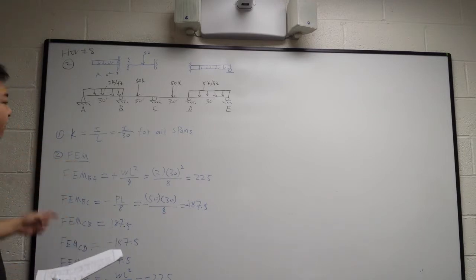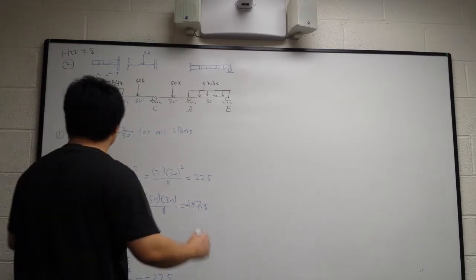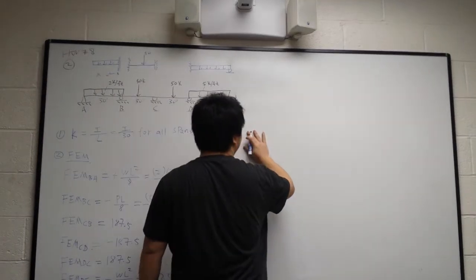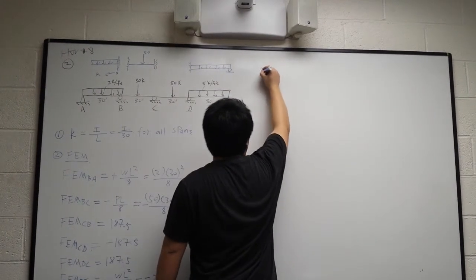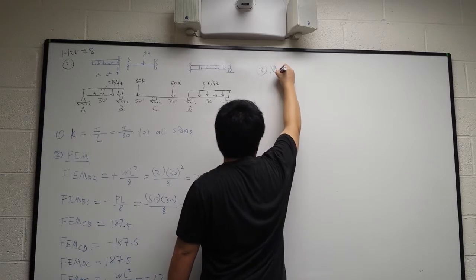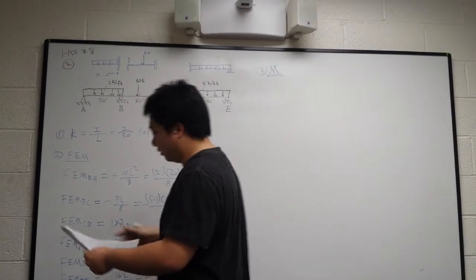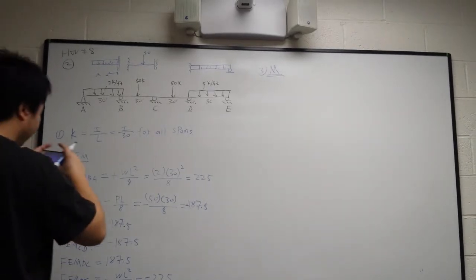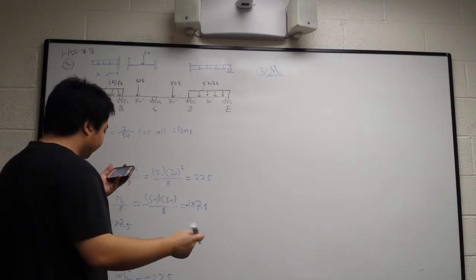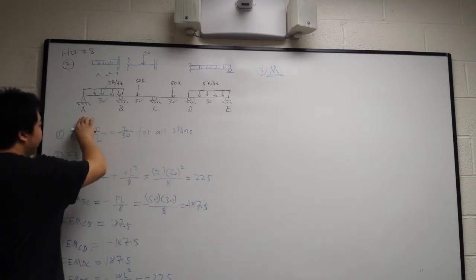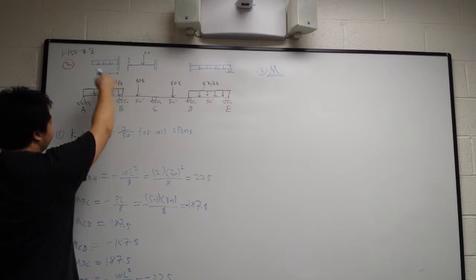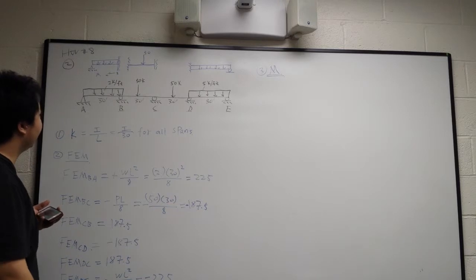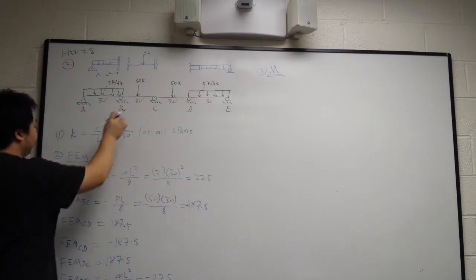The next one, you have to find the moment formulas. So let's just isolate them. Formulas, step 3: moment formula. The first one, BA. BA is fixed and pin, fixed and far end pin.